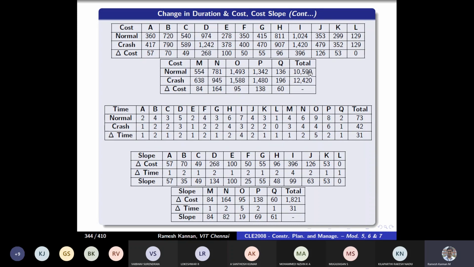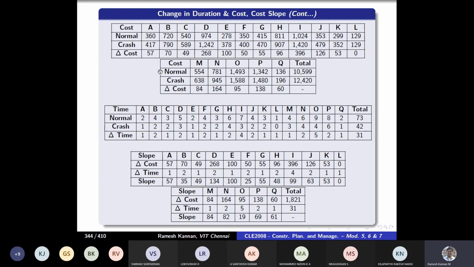We find the totals to check whether you have incorporated all the activities and the corresponding normal and crash costs. Then you take the normal time and crash time and find the absolute difference, normal time minus crash time.